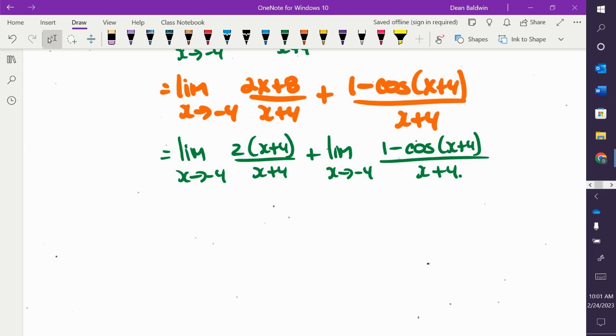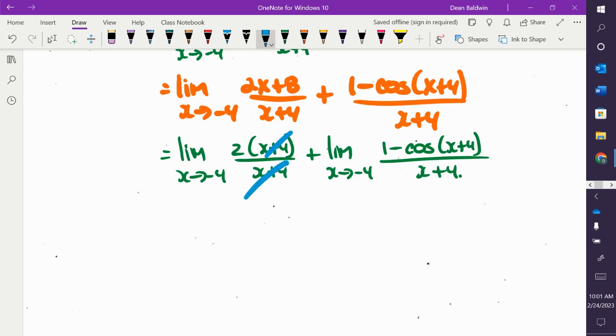Because technically this is a special limit, so I'm going to have to rearrange this. You remember the limit properties I did the other day? If you're adding, you can break them into 2 separate limits. I can't just plug -4 into this. I'm going to have to rewrite this before I do that. But this one I can do because the x plus 4s are going to cancel.